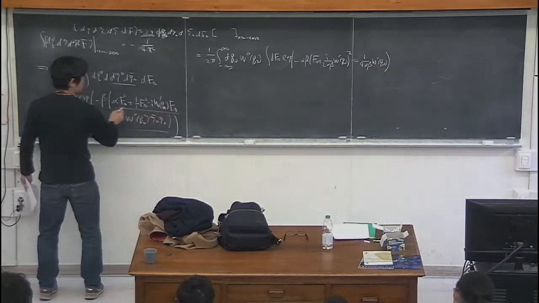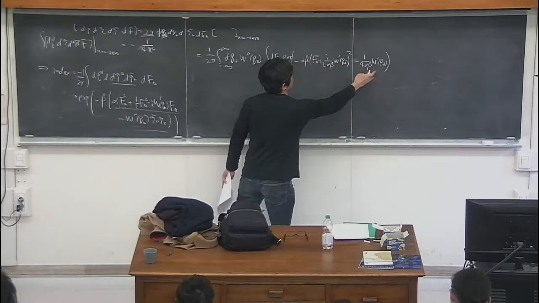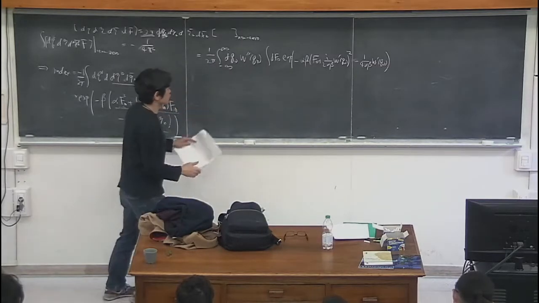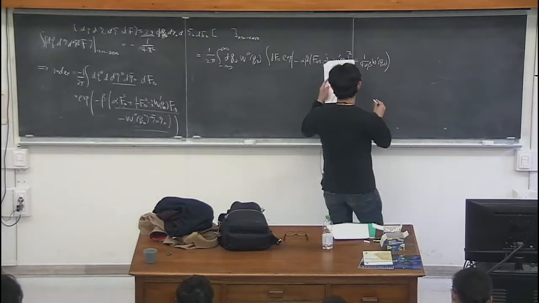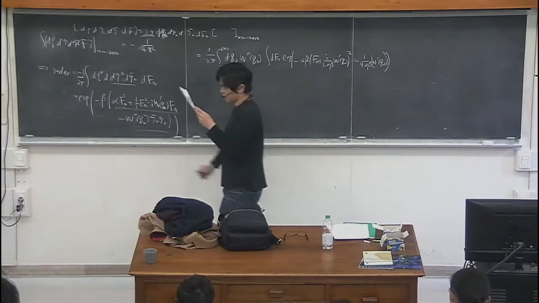We rewrite this like f0 plus something, squared. So this last one is of course squared.